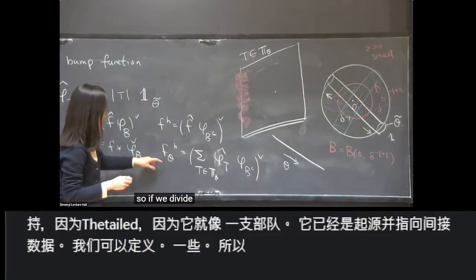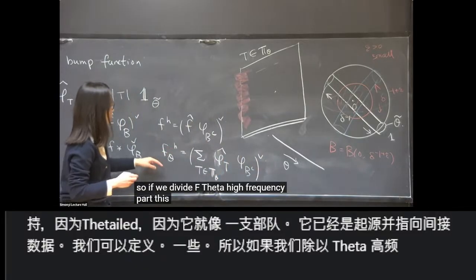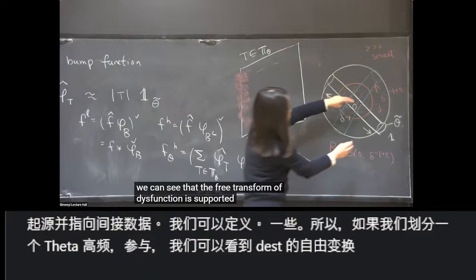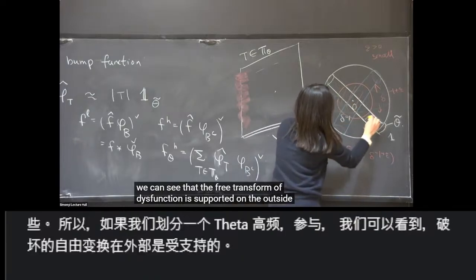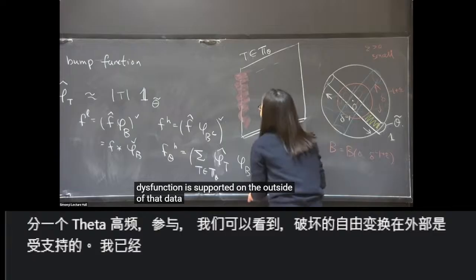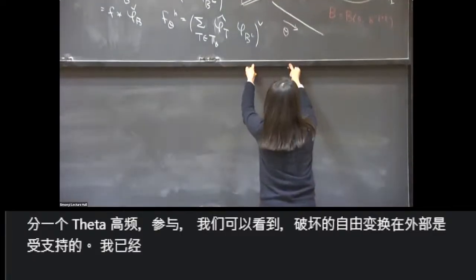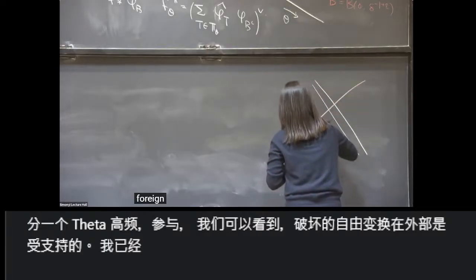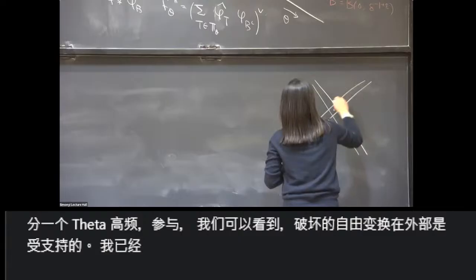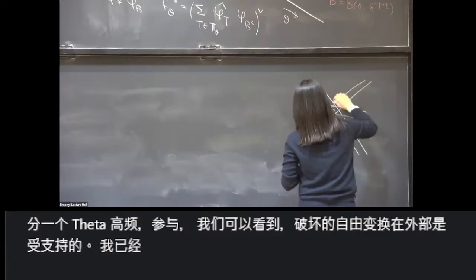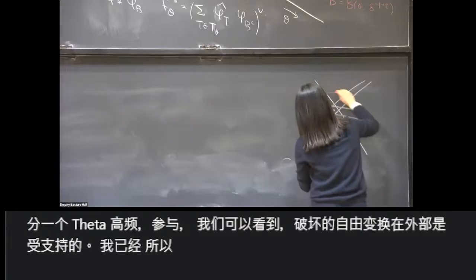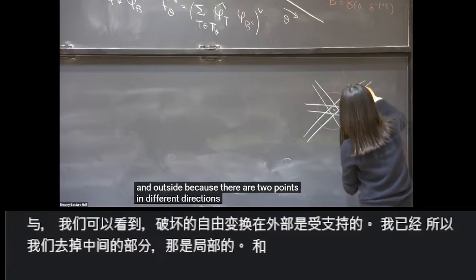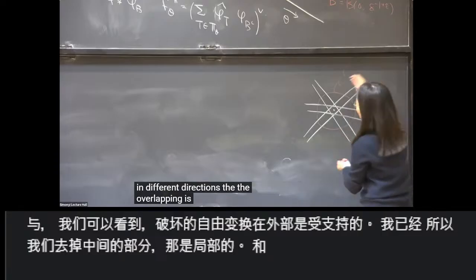If we define the high frequency part f theta this way, the Fourier transform of this function is supported outside of theta tilde. So we take off the middle part, that's the low frequency part. And outside, because the tubes point in different directions, their overlapping is very small.